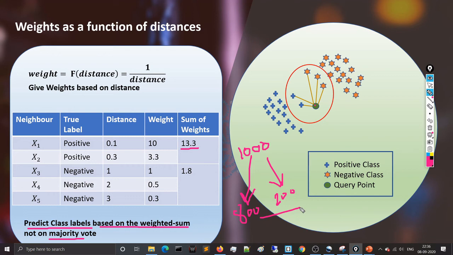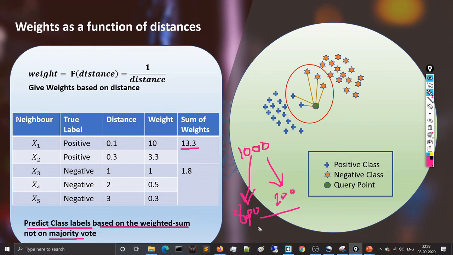In general, logically, if there is a query point, the majority vote will tend towards the positive class because there are many more of them. 800 points are there, 80% of the total data points are positive. So there is an automatic, natural weightage. To overcome this imbalance and bias towards the positive class, we can introduce weights.